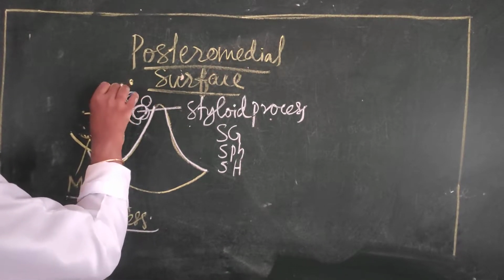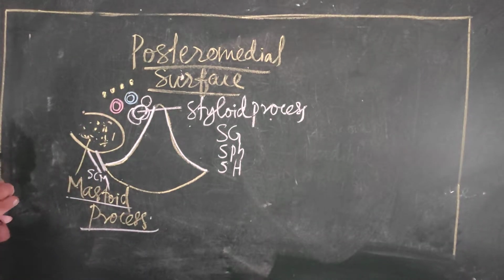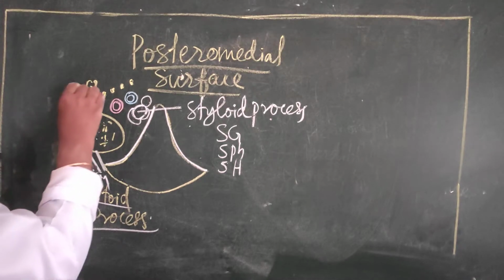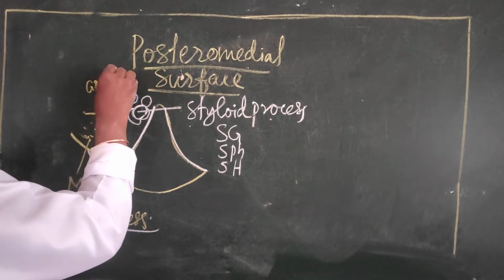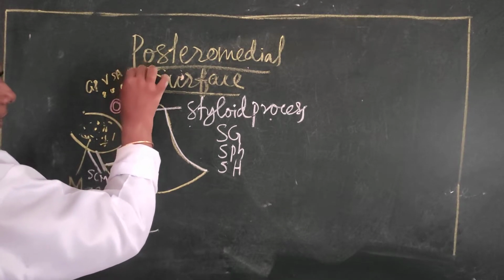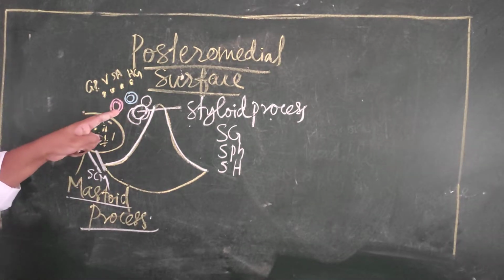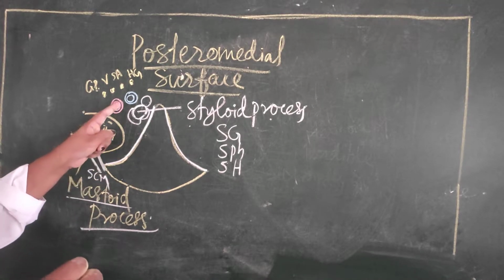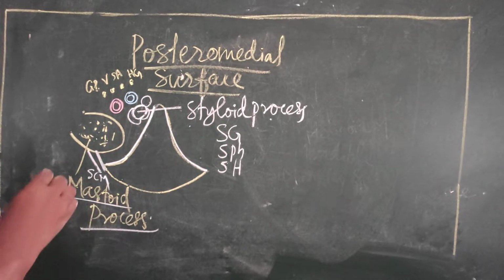It's just a schematic representation. 9 glossopharyngeal, 10 vagus, 11 spinal accessory and 12 hypoglossal. These four nerves get separated from the posteromedial surface by means of the styloid process.